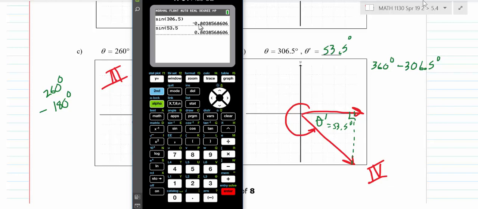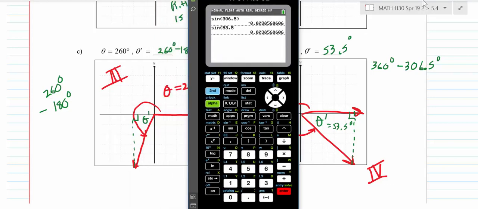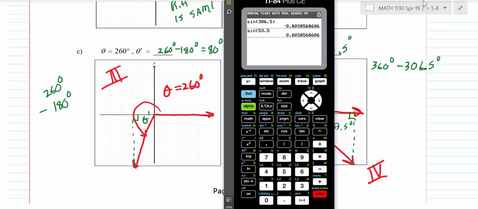But forgetting about the negative and positive, they will always be the same for every trig function. So for instance, on the previous problem, I'll pick another trig function like cosine. So if I did the cosine of 260, I get an answer. And if I do the cosine of the reference angle, then I get the same numeric answer but negative. Now sometimes they're the same.